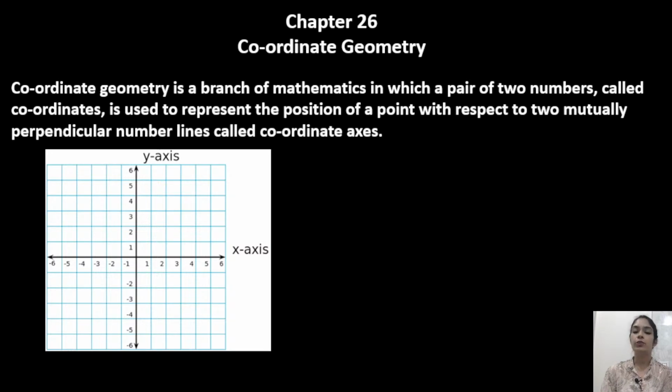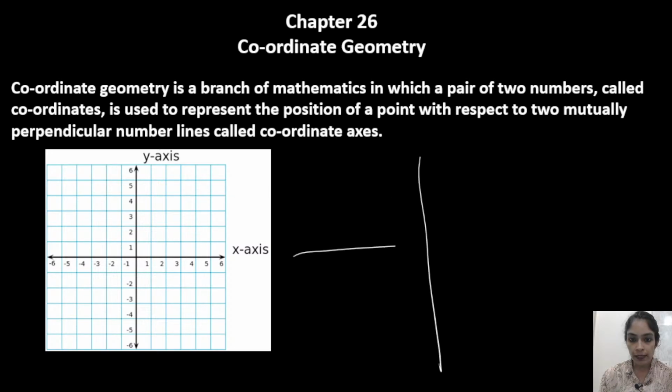Chapter 26, coordinate geometry. First of all, let's understand what is the meaning of coordinate geometry. Coordinate geometry is a branch of mathematics in which we study pairs of two numbers and their location. Like you can see here, one diagram is there. Here you can see two number lines like this.